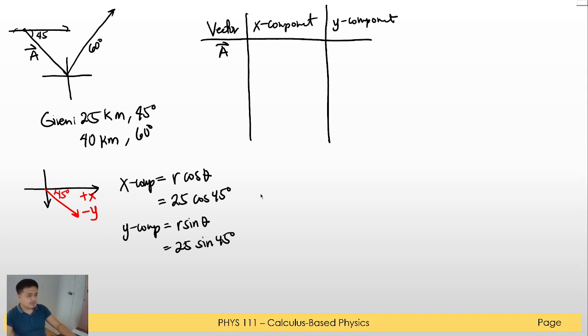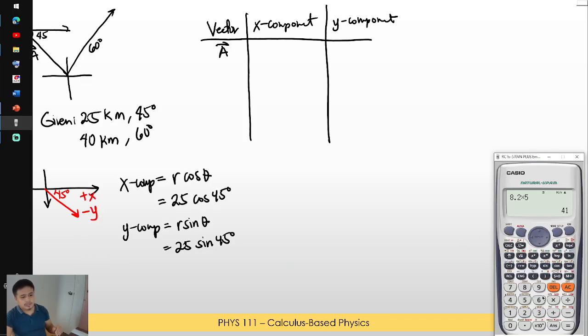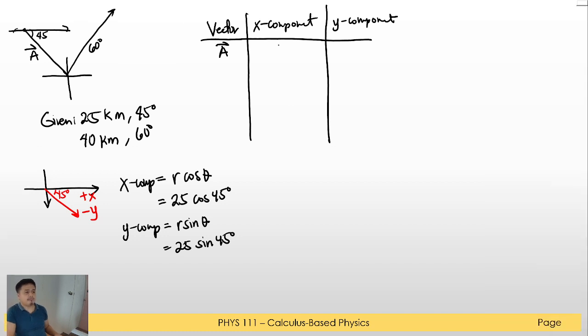So this will be the same, guys. 25 cosine 45 in degrees, we have 17.68, and that will be the same for cosine and sine, since this is an isosceles right triangle. So 17.68. But take note of the signs. Again, positive x, negative y. So the y component should be negative.